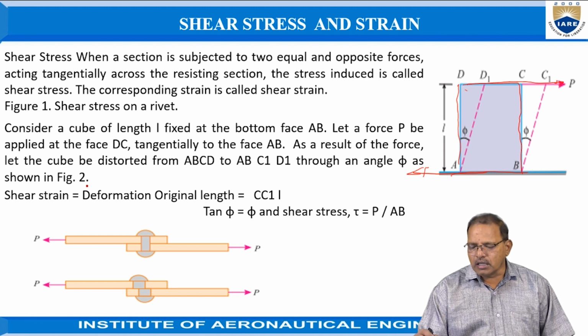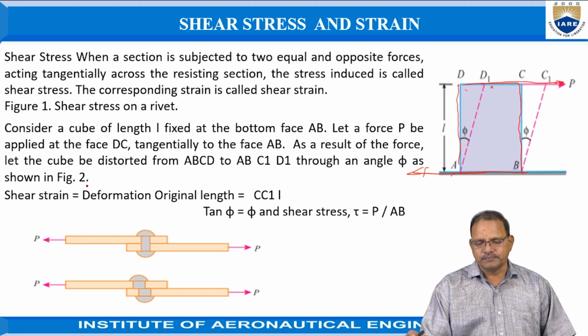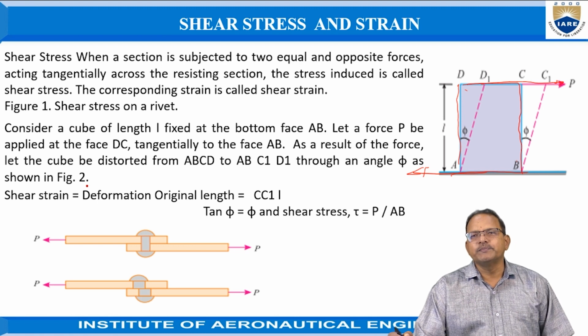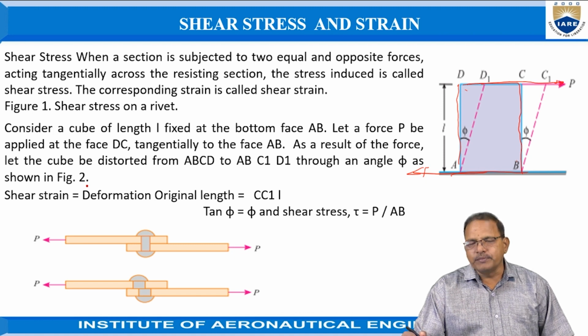Earlier the object is represented as A, B, C, D. Because of application of the tangential forces, it is distorted to A, B, C1 and D1. So the force per unit cross section of the object is called shear stress.